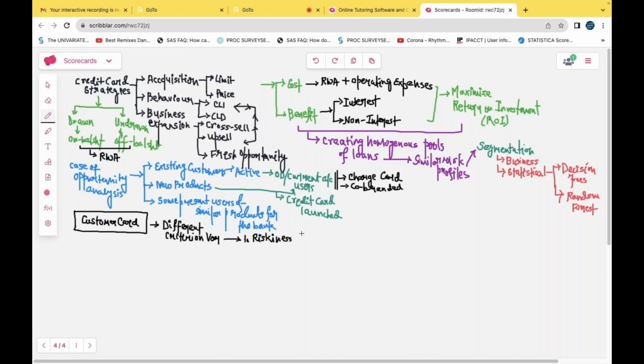One of them is obviously delinquency of the borrower. Delinquency. The second that we have over here is utilization. So how much he utilizes the product, the revolving product that he has.